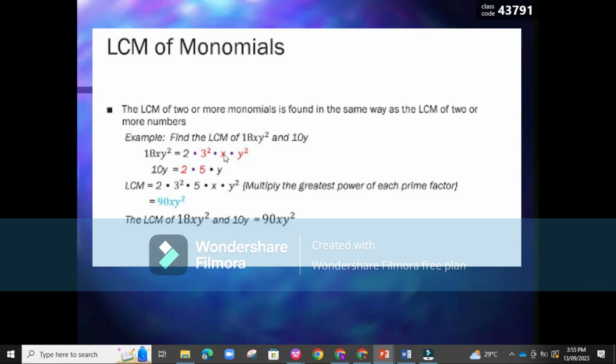And for those that are not common factors, we have to write all. So multiply the greatest power of each prime factor. 2 times 3 squared, 2 times 9 is 18, 18 times 5 is 90. Copy xy squared. Therefore, the LCM of 18xy squared and 10y is 90xy squared.